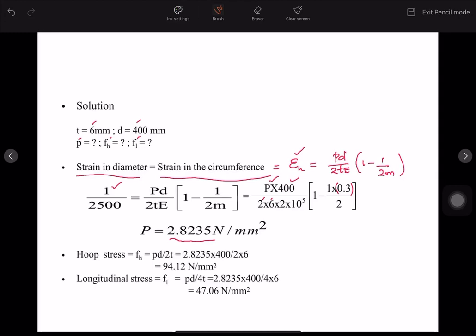Next we need to calculate hoop stress and longitudinal stress. As we already have the P value, the rest is very easy, simply substitution. Hoop stress equals pd by 2t; p we have, d we have, and t also we have. So we get a value of 92.12 Newton per mm square. The units are very important here.